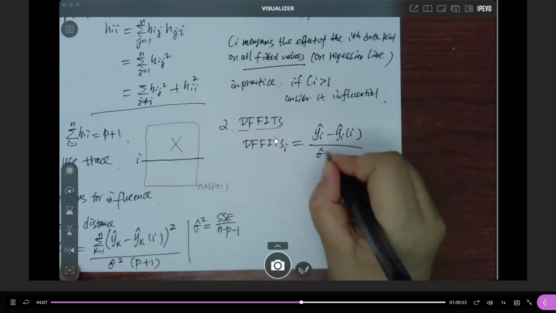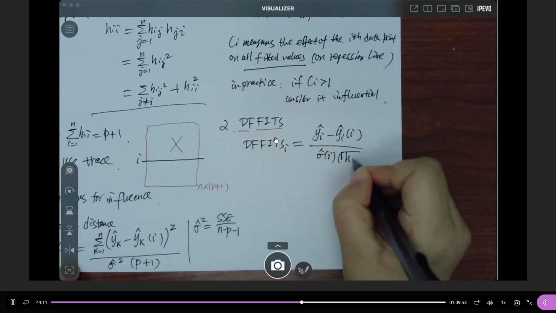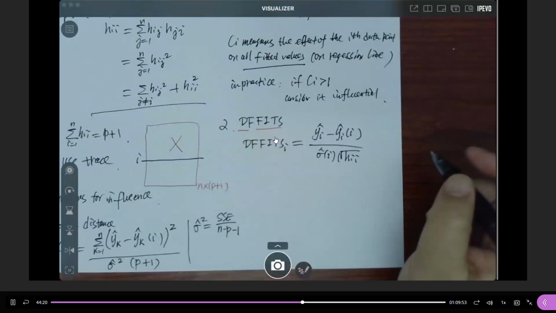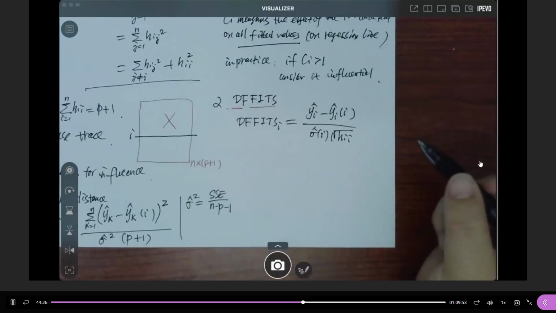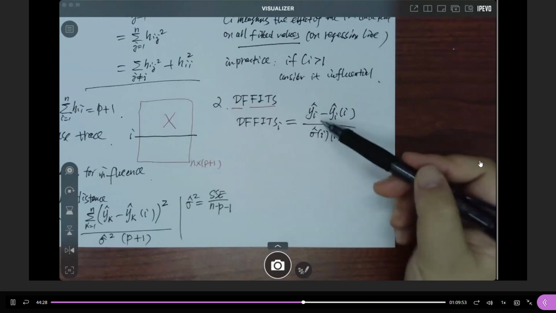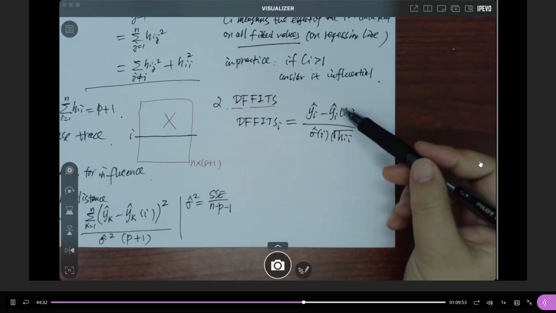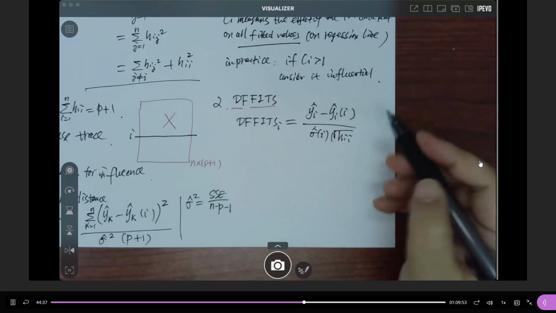Then you have sigma hat with the ith deleted and the square root of h_ii. So this basically directly measures the difference between the ith predicted value with the full data and the ith predicted value with the ith deleted. Then this is the sigma hat with the ith deleted.